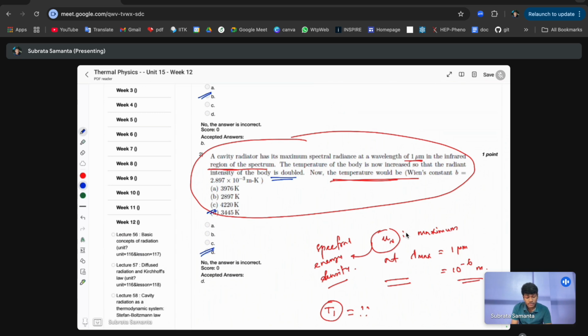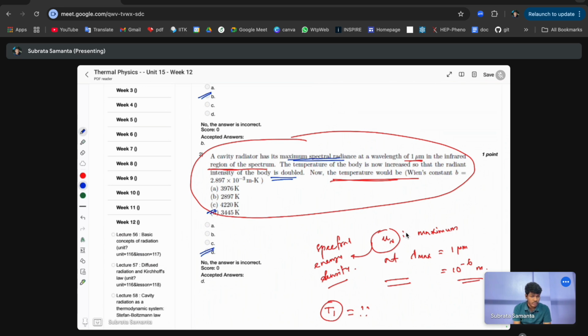So this question has two parts. In the first part you have to calculate the temperature from the lambda max. From this you use Wien's displacement law, because the wavelength of maximum spectral radiance is given. Once you know the temperature, in the second part, if you increase the temperature, your radiant intensity is doubled.